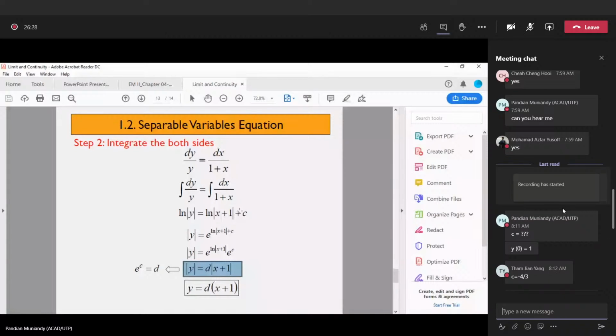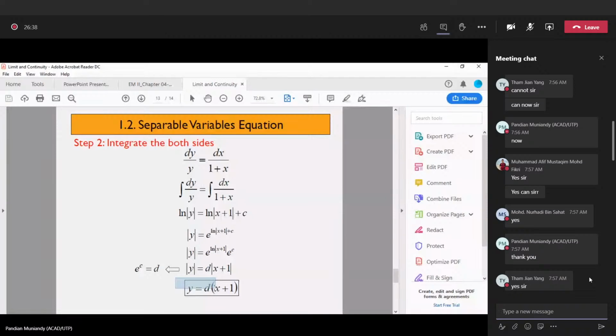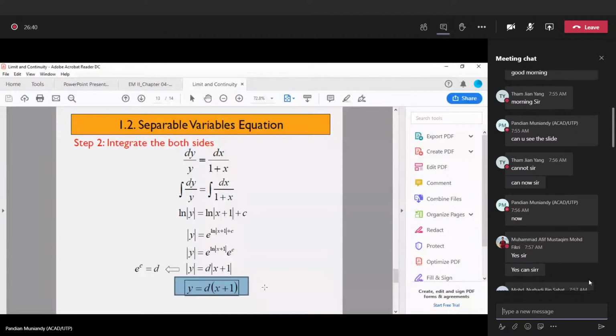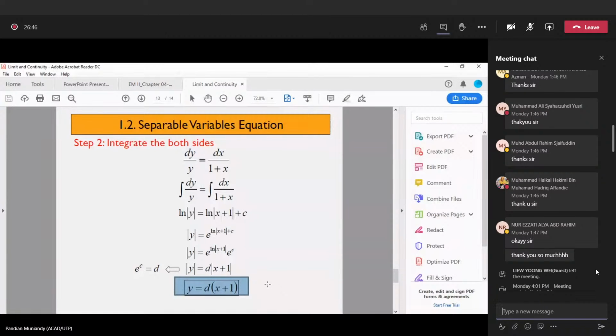So you can remove the c. It's up to you. So the c is ln d. In the end, you don't want to write the modulus. You write the answer y equals to d times x plus 1.